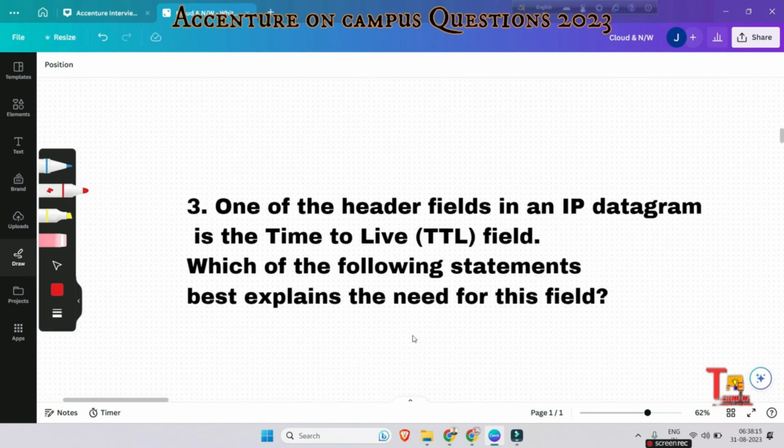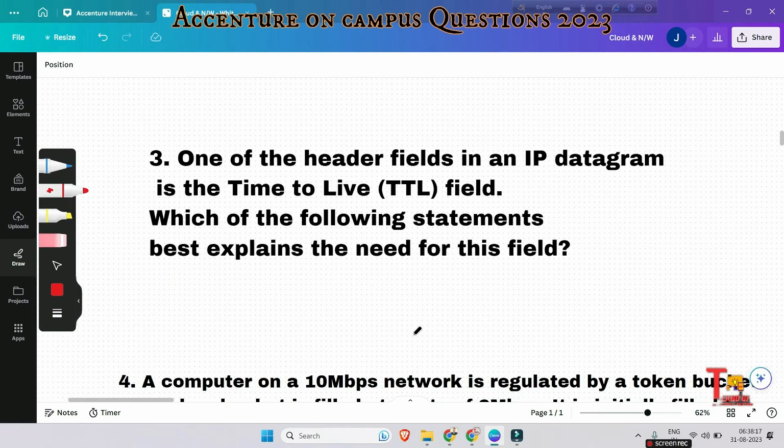The next question is: one of the header fields in an IP datagram is the time to live field. Which of the following statements best explains the need for this field? Can you answer that? Okay, let me answer that.